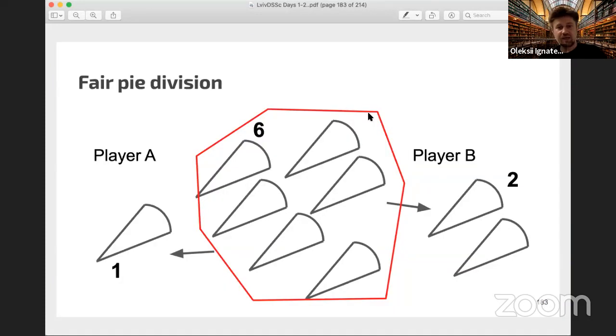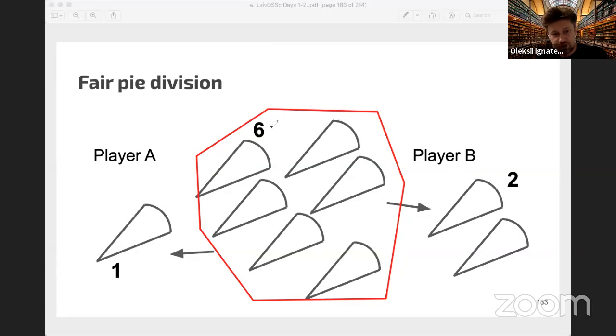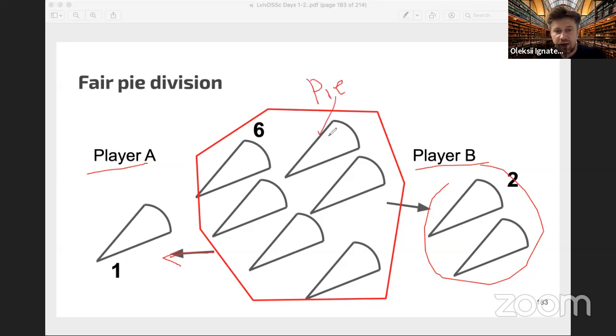For example, here we have 9 in total that they can produce, but we need to remove first 1 share that player A can produce and 2 shares that player B can produce alone. And we get 6, and 6 is the pi here. So pi in this example is 6.